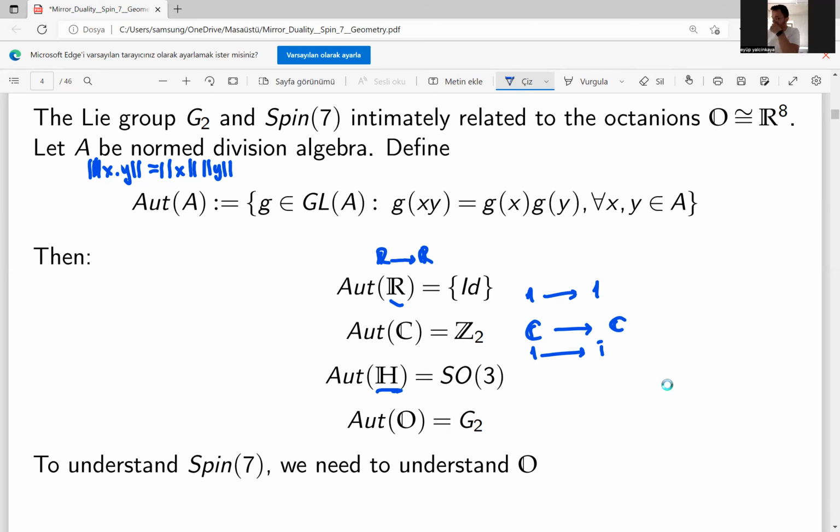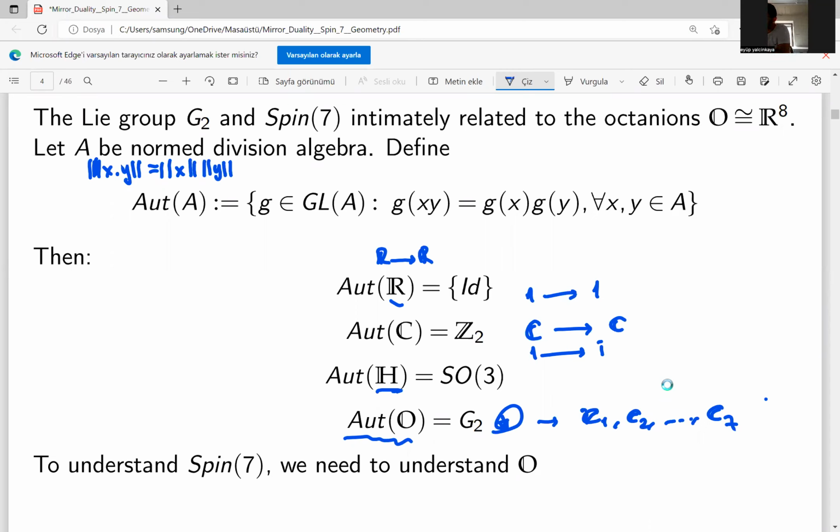The other important case is that the automorphism group of the octonions is G2. So this is another definition of G2. It's turning around E. Maybe we can say that E1, E2, up to E7 send to each other. So you construct the group from these 7 elements turning around itself. Okay.